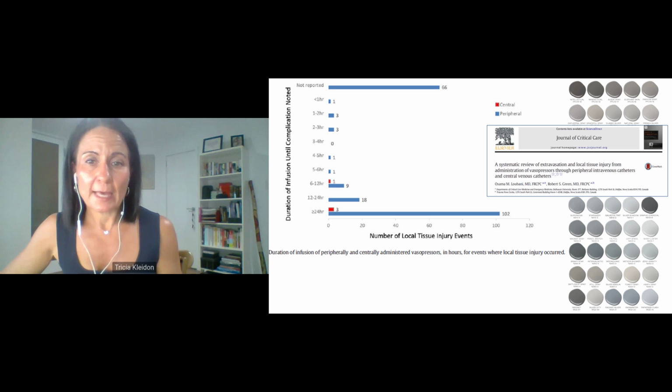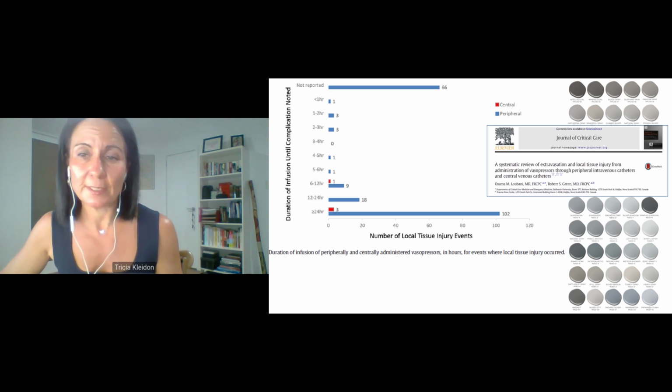The events were categorised as either extravasation, so there was evidence of drug escaping into the surrounding tissue with or without injury, or local tissue injury. So there was evidence of tissue injury with close association to the administration of pressors that were not mutually exclusive. So you could have extravasation with tissue injury.